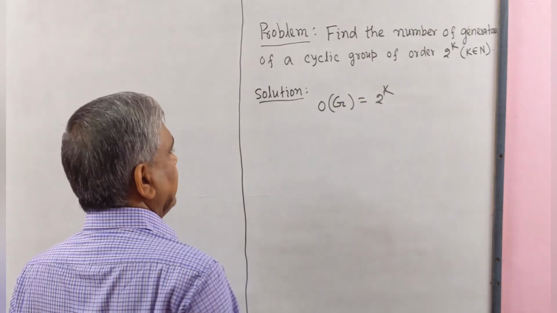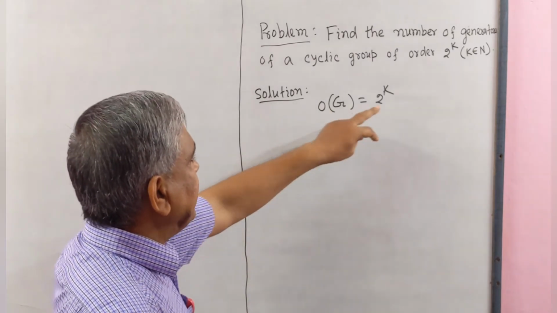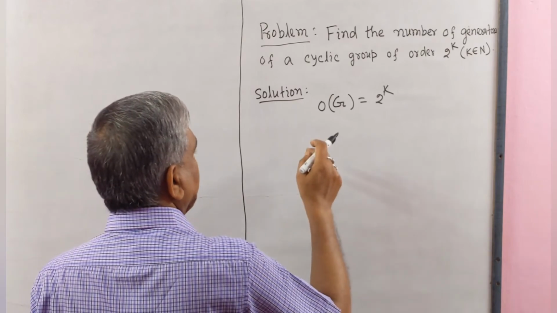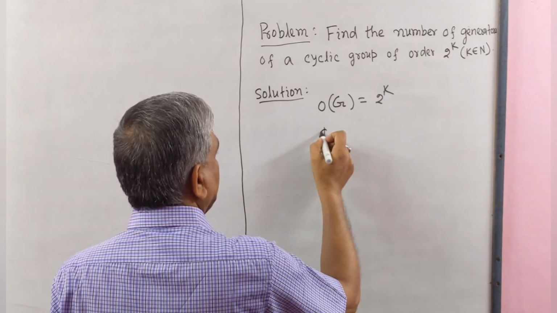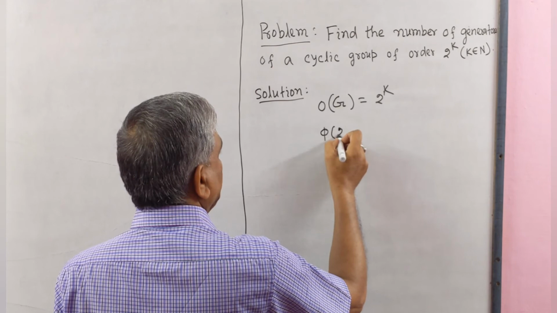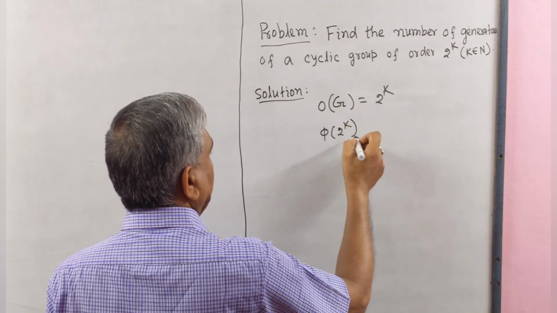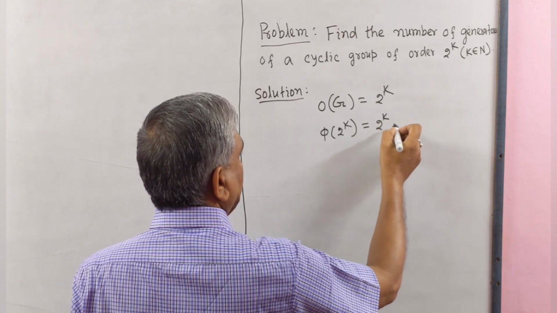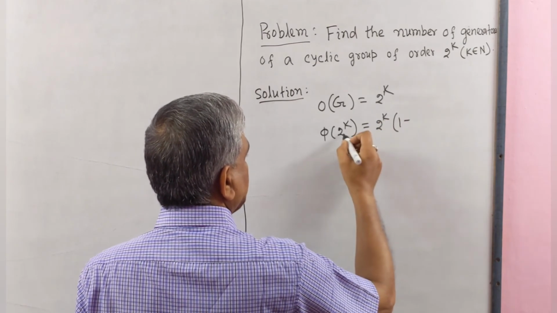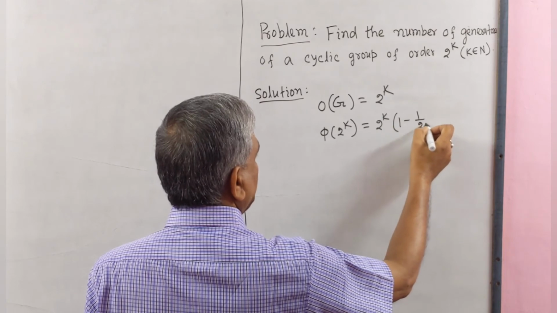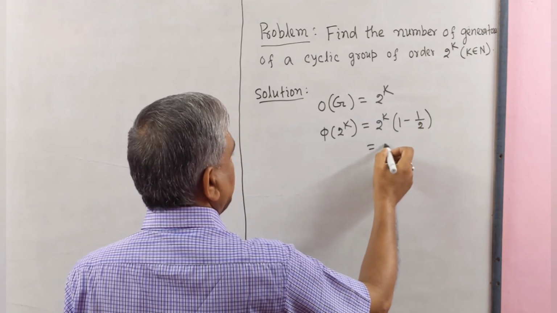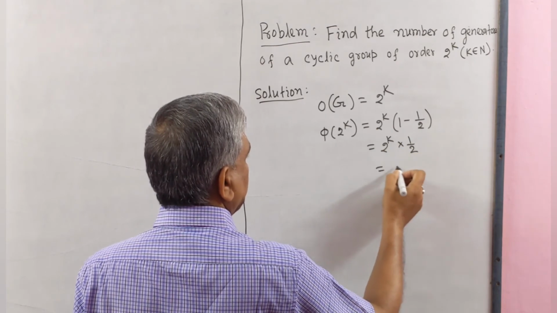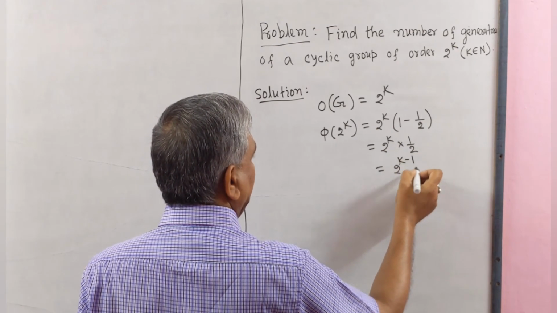We know that the number of generators of this cyclic group is the Euler phi function of 2 to the power k, and this equals 2 to the power k (1 minus 1 by 2). This is equal to 2 to the power k into half, which means 2 to the power k minus 1.